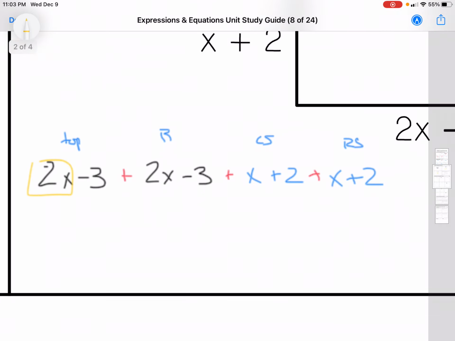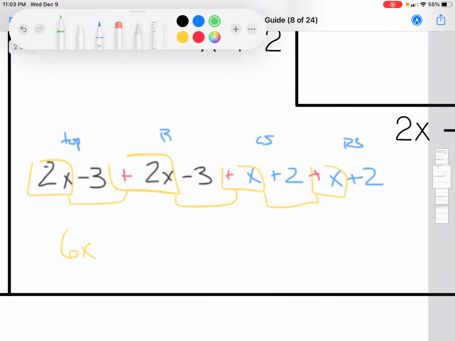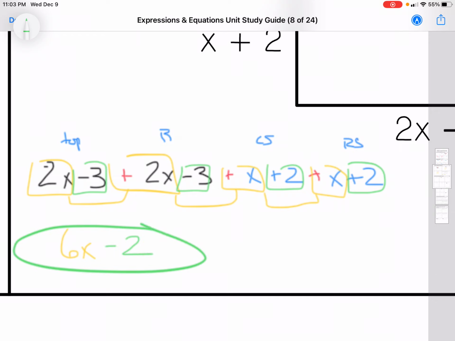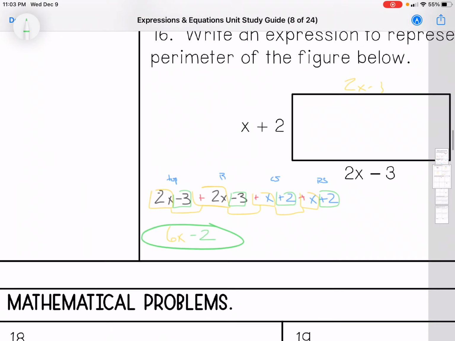There's an x, there's an x, there's an x, there's an x. That is 2x plus 2x is 4x plus 1x plus 1x, which is 6x. Negative 3 plus negative 3 plus 2 plus 2 is going to be a minus 2. I cannot combine those because one has x, one does not. There is your answer.